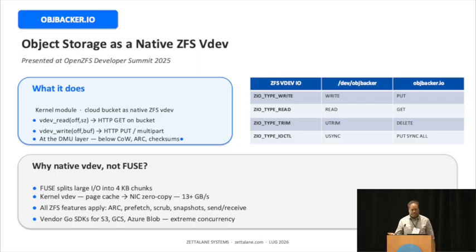For example, for S3, we use the AWS SDK, and for Azure, Blobs, etc. As you see on the other side, the ZFS IO is translated to REST APIs one-on-one, so it naturally fits in there. The ZFS write goes in as a put operation and a read as a get.